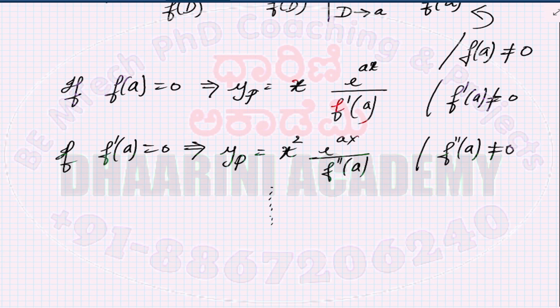There are cases where the second, third, fourth, all the derivatives will be 0. After the fifth or sixth one, maybe you get the finite answer. This is possible, and we'll see that when we solve the problems.